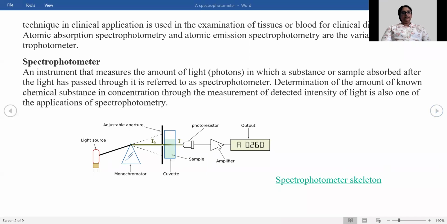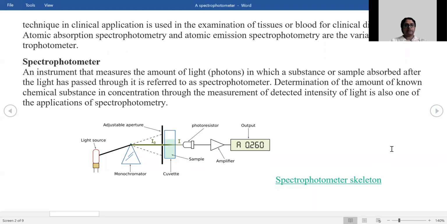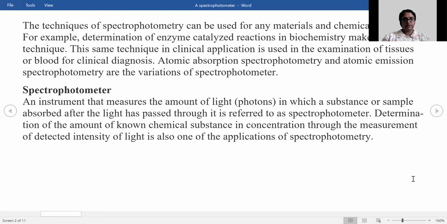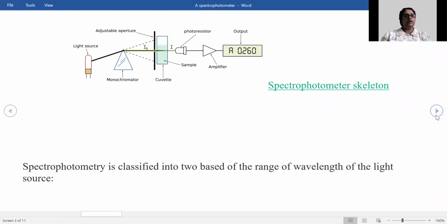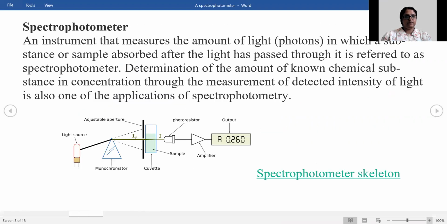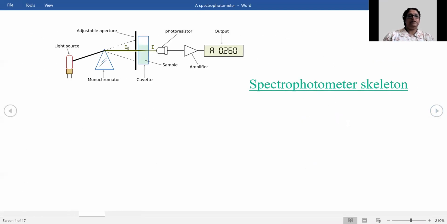a basic line diagram for a spectrophotometer. This is what a spectrophotometer skeleton looks like.